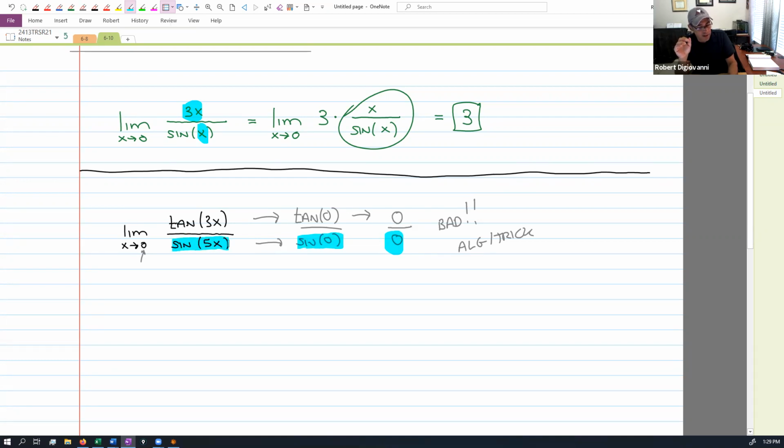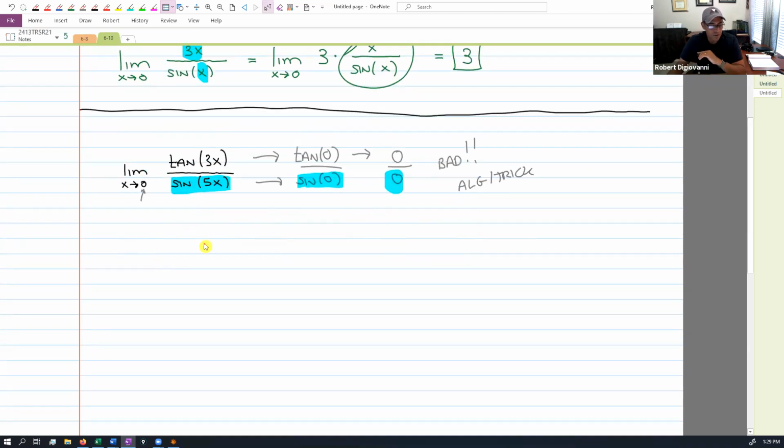This sine of 5x is the problem, that's what's creating the issue. So I'd really like to make that sine of 5x not cause the problem. I want to manipulate this somehow so that the sine is no longer creating this division by 0. So the first thing I'm going to do is split this up.